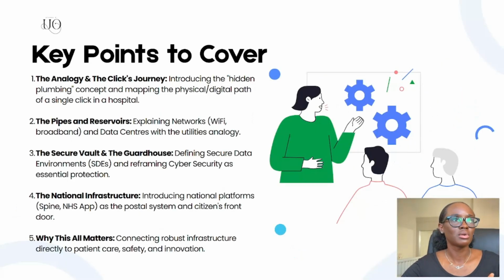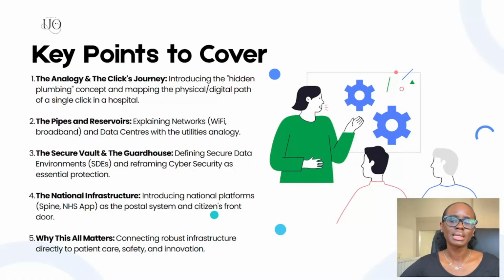The key points we're going to cover, like I said, the analogy, the click's journey, where does the click go? Two, we're going to look at the pipes and reservoirs, which explains your networks, which is your Wi-Fi and broadband, data centers, and we use the utilities analogy. We're also going to look at the secure vault, the guardhouse, which is your SDE and cybersecurity.